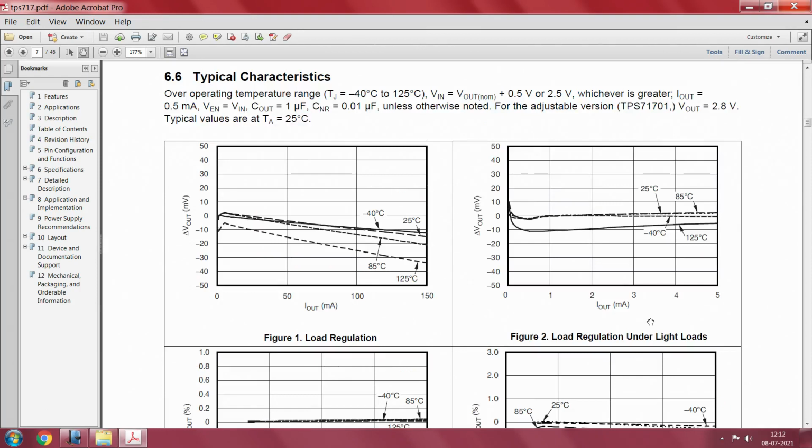Let us look at this load regulation under full load condition.